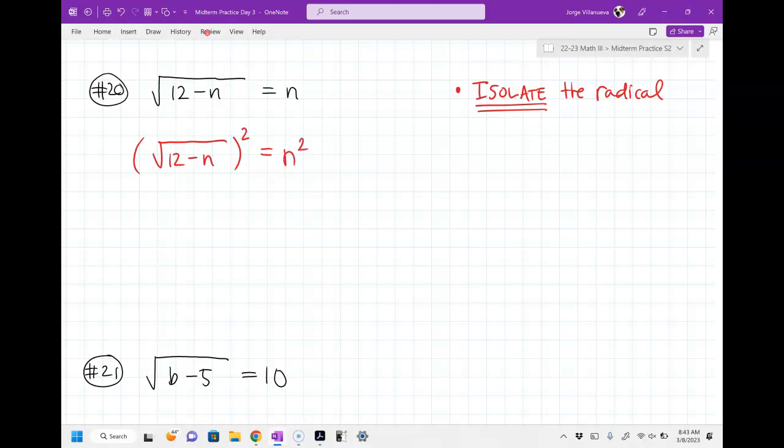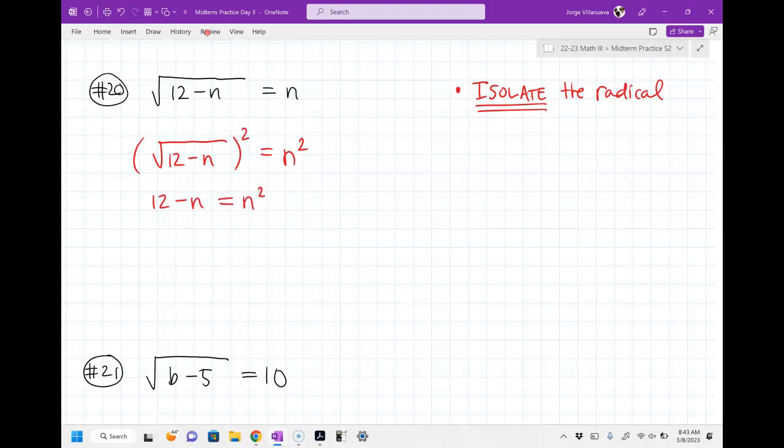Now I want to remind you guys, when you solve these things, a lot of times you end up having to use the x method eventually because you've got to solve for specific solutions, and you've got to check your work to make sure that you don't have extraneous solutions, answers that don't work. So when we square it, I get 12 minus n equals n squared.